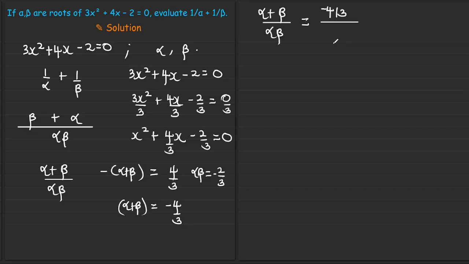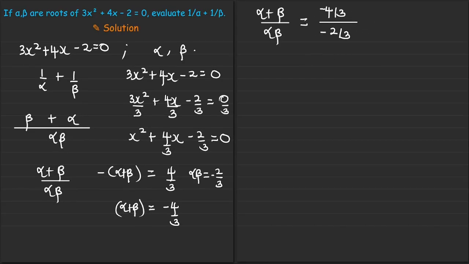Then alpha beta was negative 2 over 3 as well. We then want to simplify. This is simply a fraction divided by another fraction. So simplifying, we have negative 4 over 3 divided by negative 2 over 3.